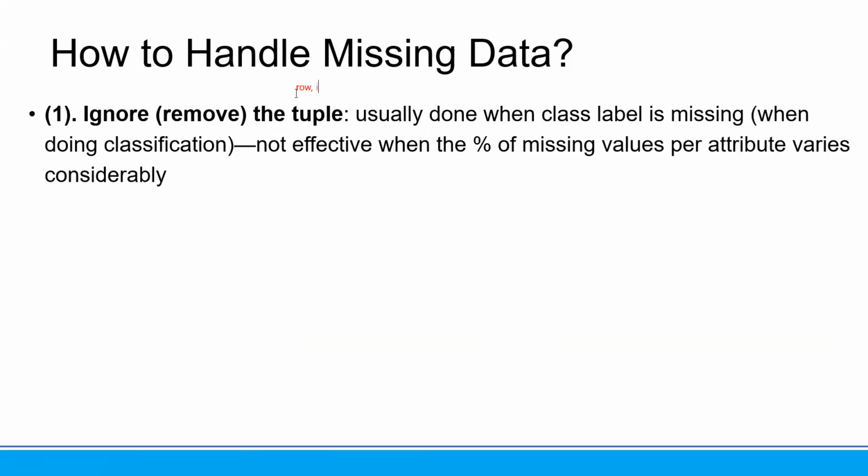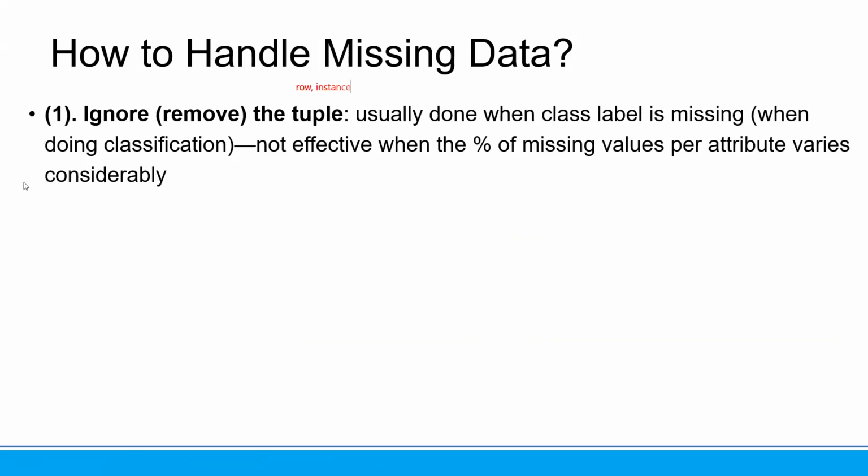It is the instance. So the first way to handle the missing data is to remove one row. It is usually done when the class label is missing. If we don't have any information about the class label, we can just remove it.